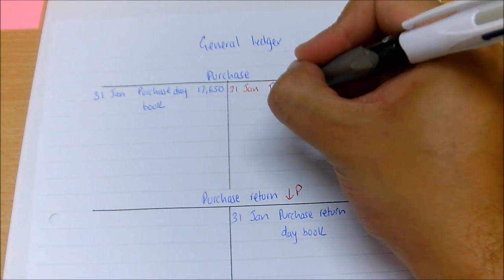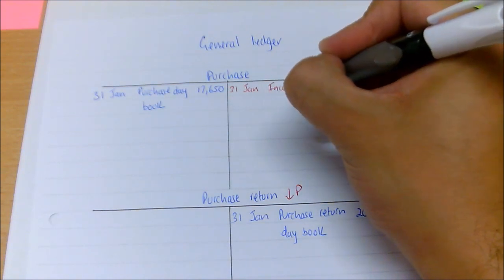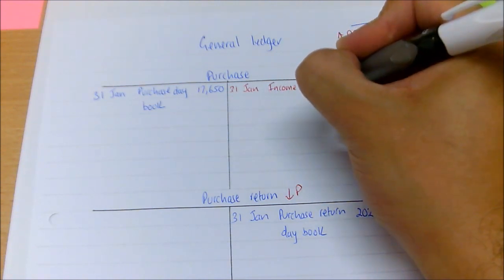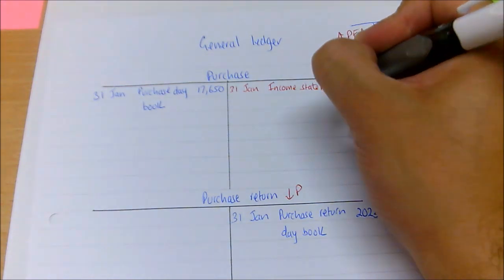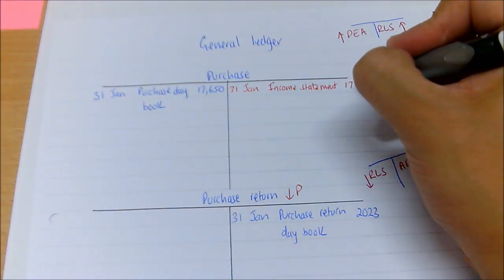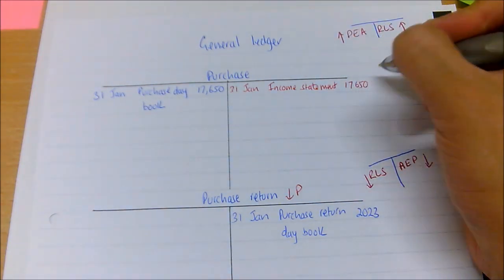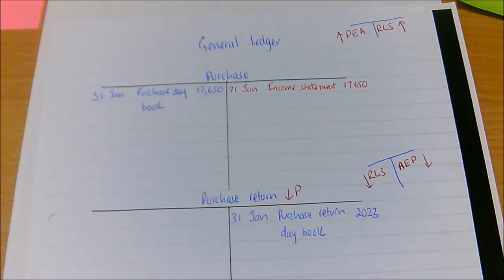For the transfer to the income statement, we would just write income statement and the same amount of 17,650, and that's all we have to do. It's the amount that would go in your income statement as purchases as part of your cost of sales.